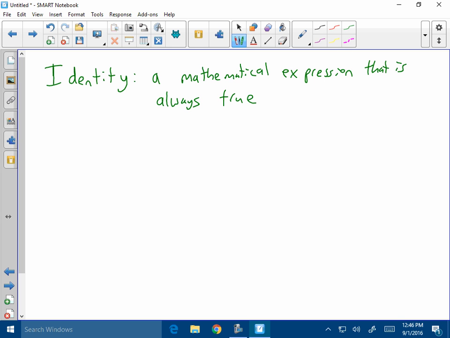So, for an example, I've been doing some stuff with factoring. Let's just say I had x squared minus a squared there, where x and a could be any numbers, right? Just using variables. We know from what we know about factoring that we can use our difference of perfect squares there, that would factor into x minus a times x plus a.